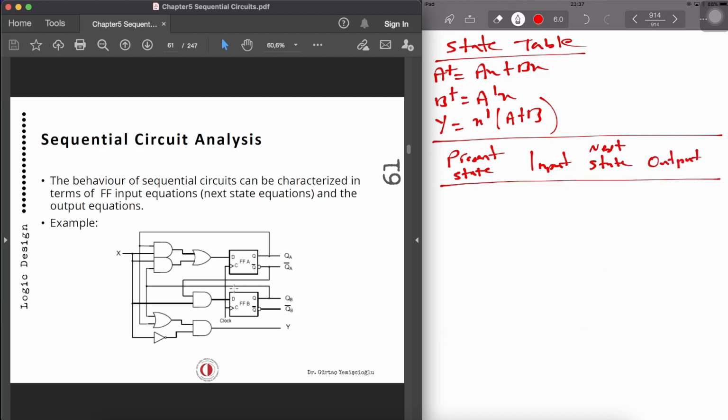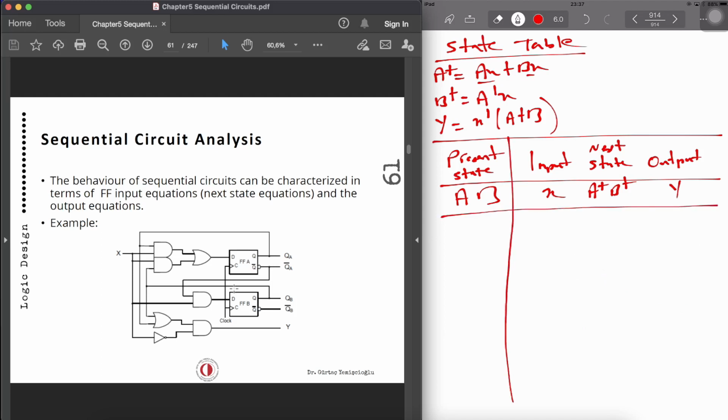Now the present states are A and B over here, so I have 2 flip-flops. That means I have to have A and B. Input is X. Next state is A plus and B plus, which is what we are going to find out, and Y. The present state and the inputs are all inputs, and the next states and the outputs are outputs.